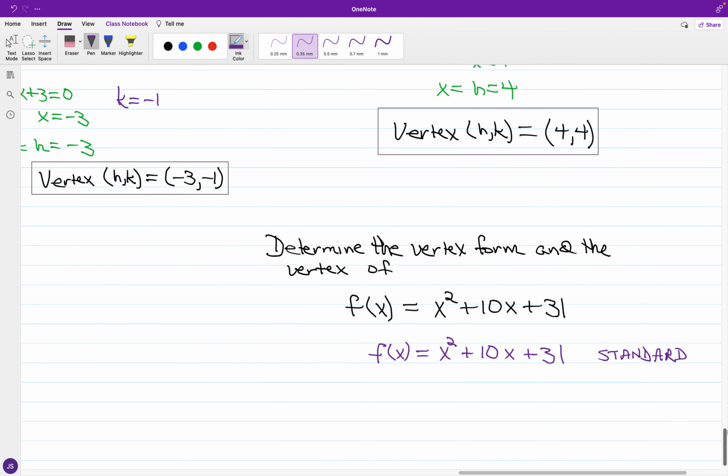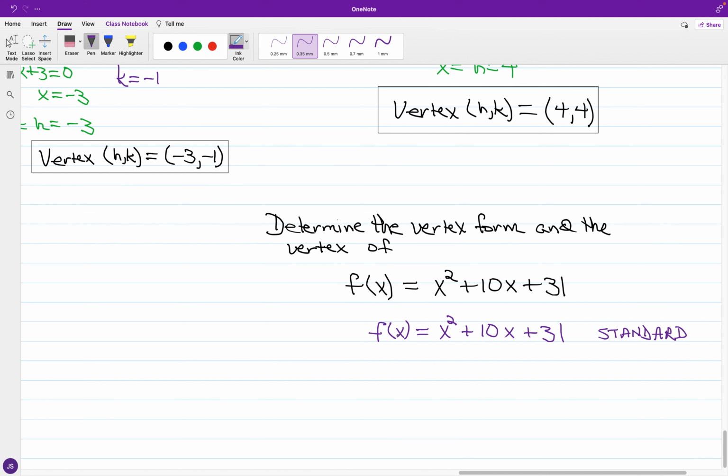For this particular quadratic function, which we have in standard form, x squared plus 10x plus 31, converting to vertex form, just like what I did with x squared plus 6x and x squared minus 8x, I'm going to set apart x squared plus 10x away from the constant.